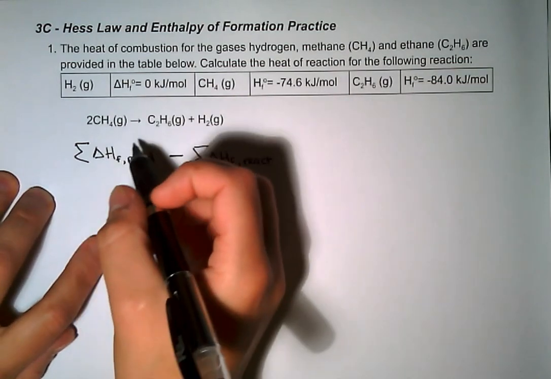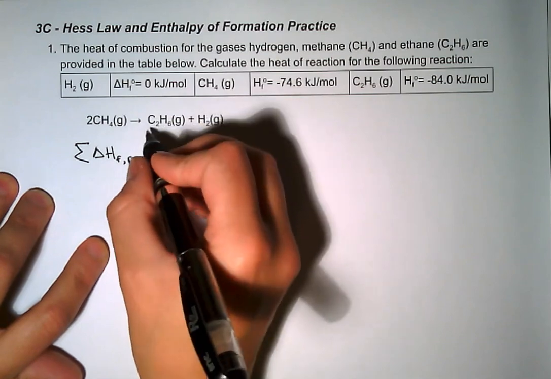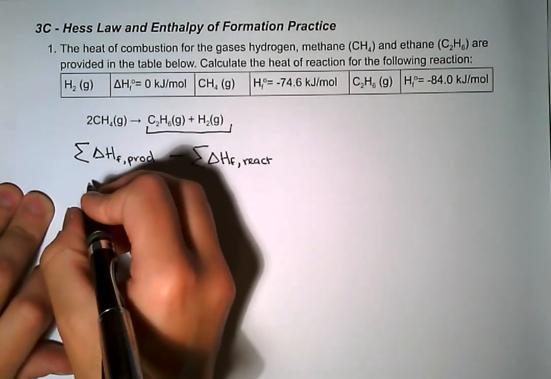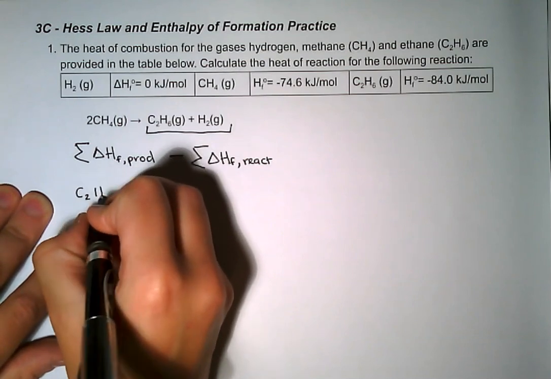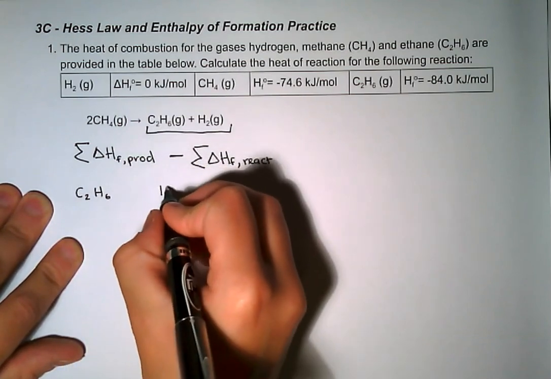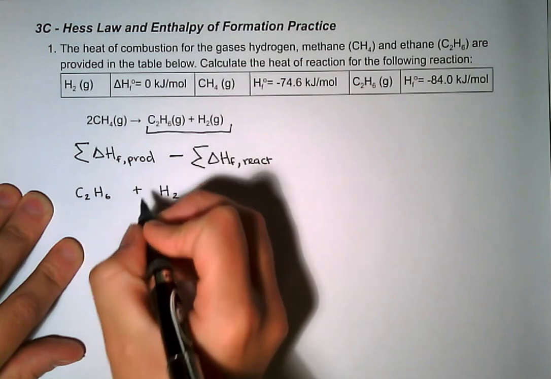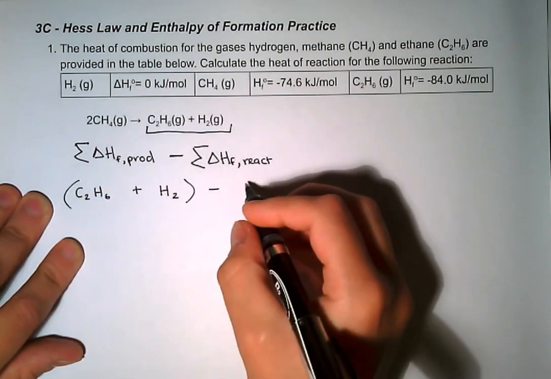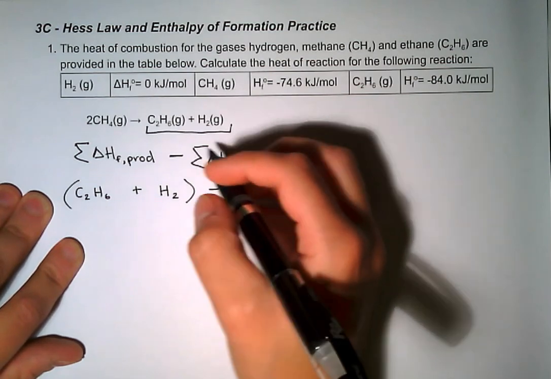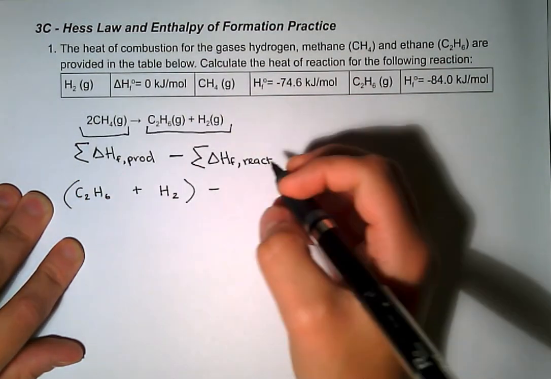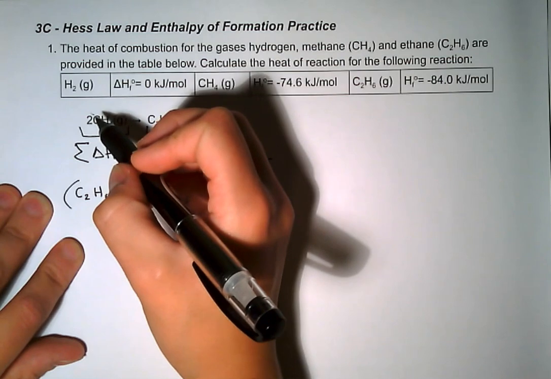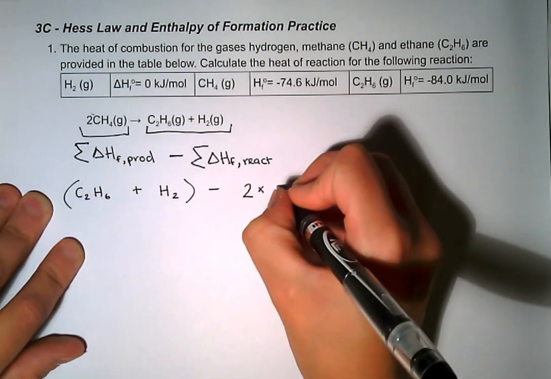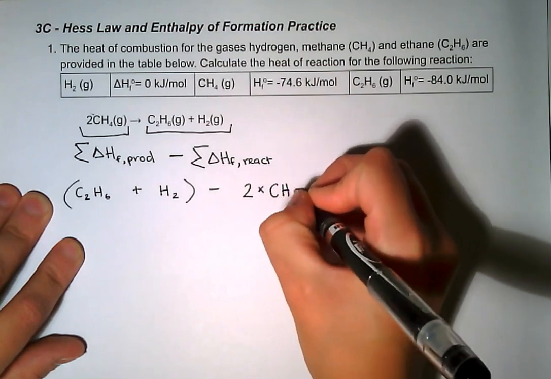Our products are the ones on the right side of our equation, so C2H6 and then H2. We need to add those two values together, and then subtract our reactants, which is CH4, and we have 2 of that CH4, so we need to take 2 times the value for CH4.